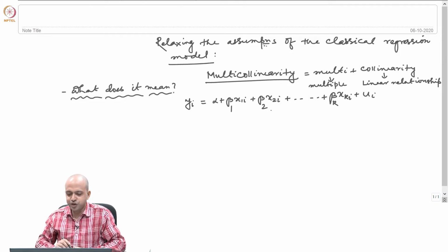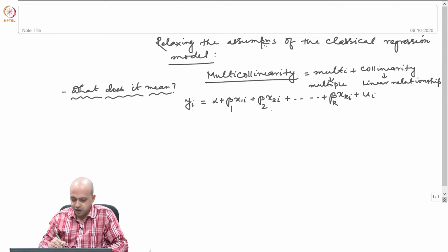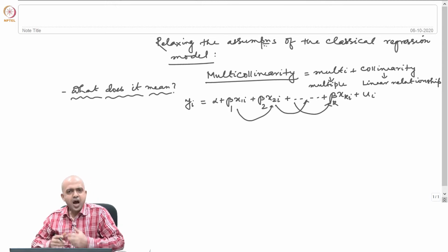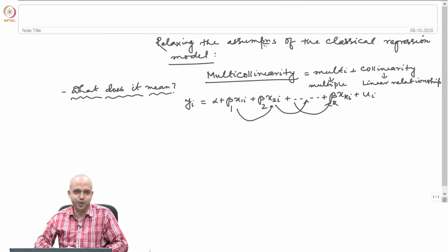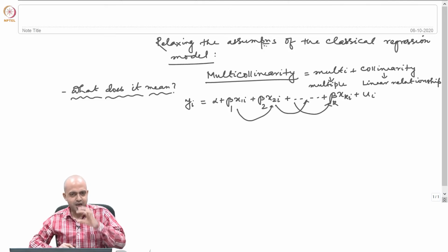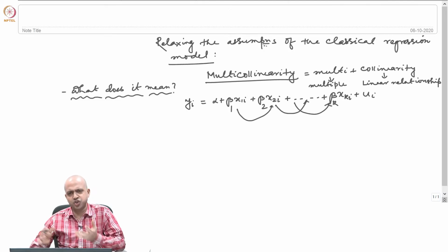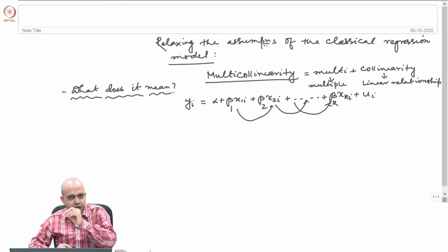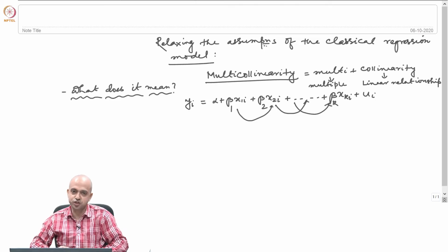In your econometric model, it may so happen that x1, x2 or x2, x3 or x3, x4 show linear dependence, and you have multiple such linear relationships between x1 and x2, x3, x5 or x6, x5, x7. So multiple linear relationships indicate the presence of multicollinearity.